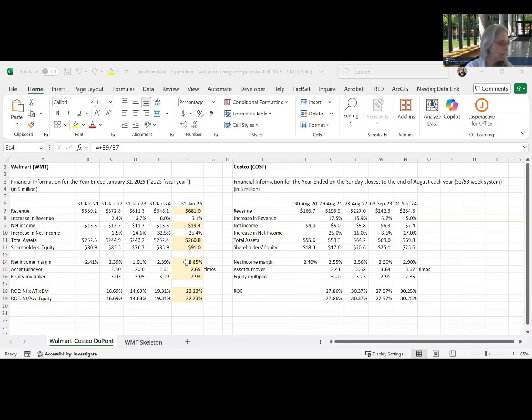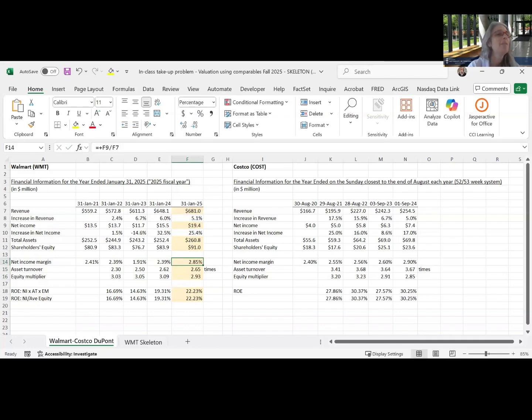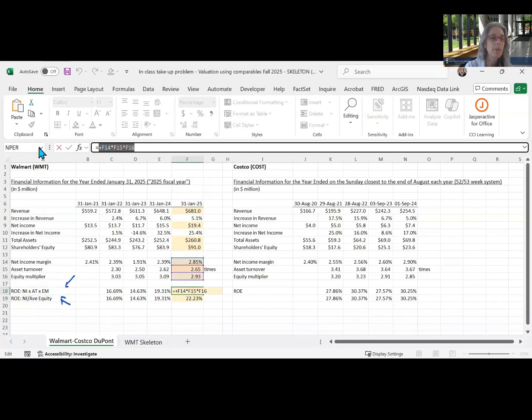I'll put it anyway. Just so you know, all of these are formulas that are in the spreadsheet already. Okay, great. Write the formula for the ROEs. So the formulas for the ROEs are over here. And also if you go into the cell, I'll just put it in here as well for you.